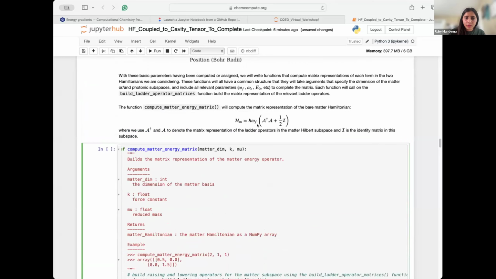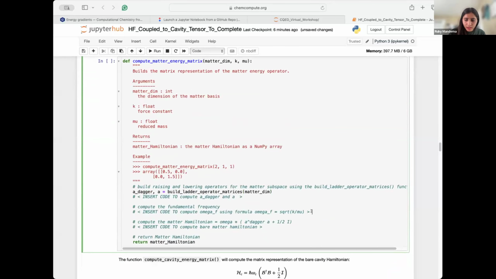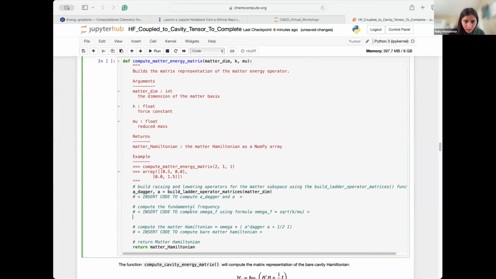Now what else do we need? We need this fundamental frequency, and we will compute it and save it in this variable named omega f.